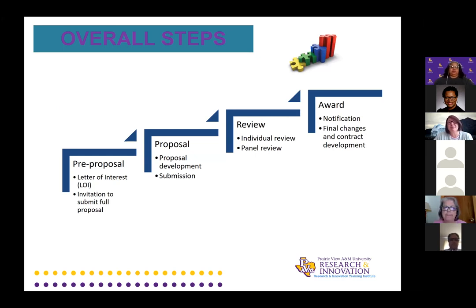The next step is proposal development and submission, and then you submit your proposal to the actual grant funding agency, where they will have a review panel. Sometimes it's an individual review or a panel review, but your proposal is reviewed, and then if you are awarded the grant, you are notified, and you'll be notified of any contract development that you need to do.